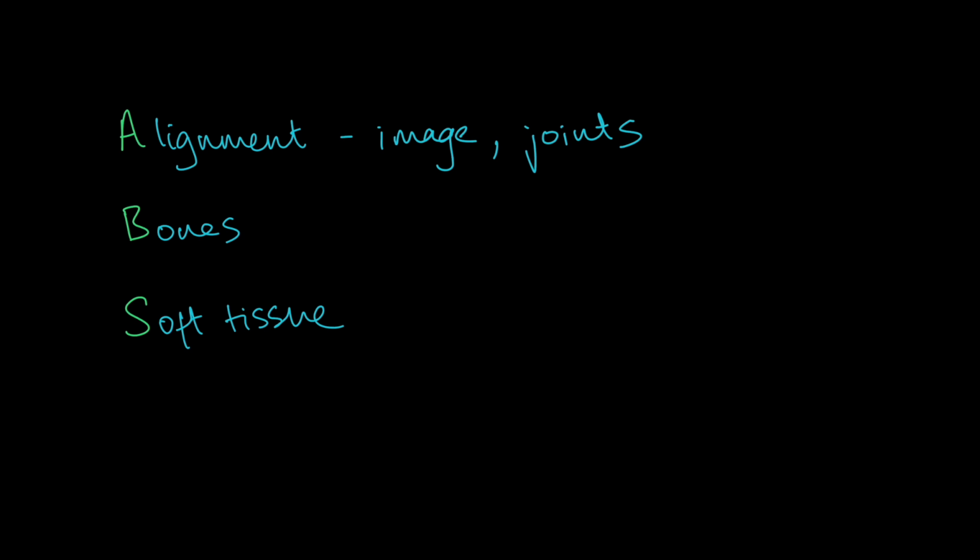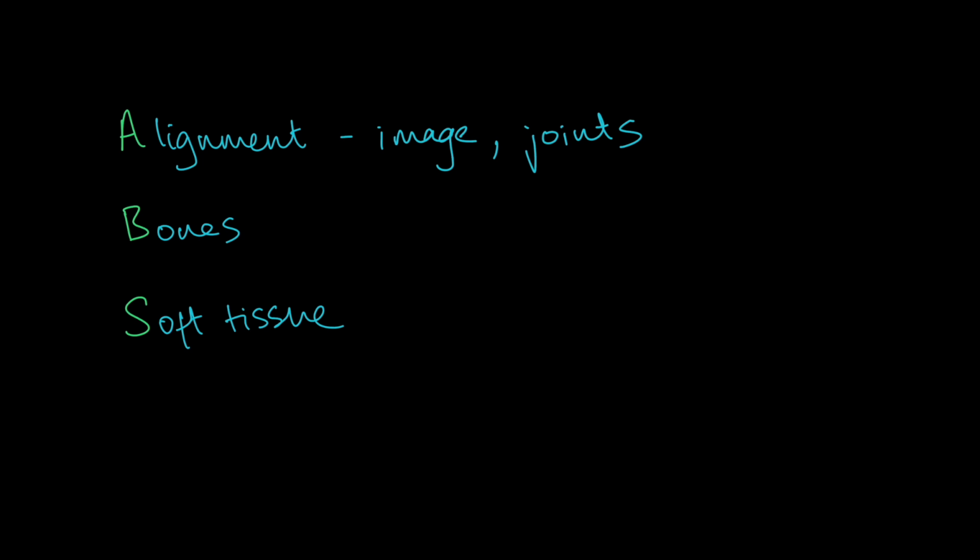Furthermore, when we're talking about alignment, the concept of using orthogonal views will be quite important, i.e. having x-rays of the same body part but from a different angle, because sometimes when you're looking at a 2D image from one aspect, it might hide issues with the alignment of the bones that you'll be needing to look at from another angle.